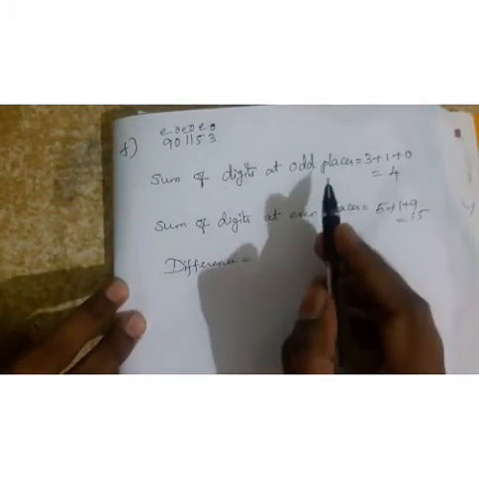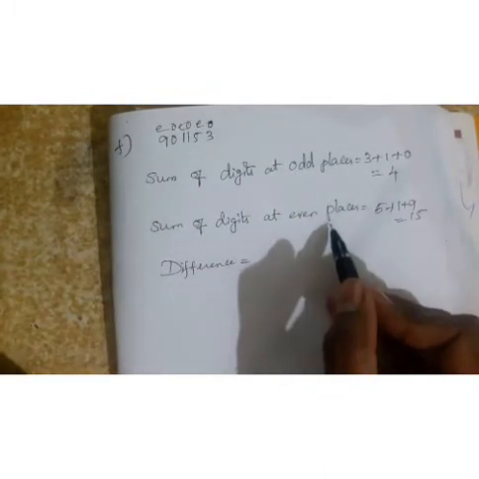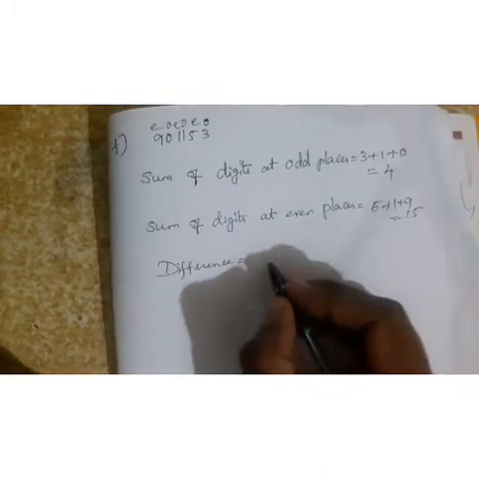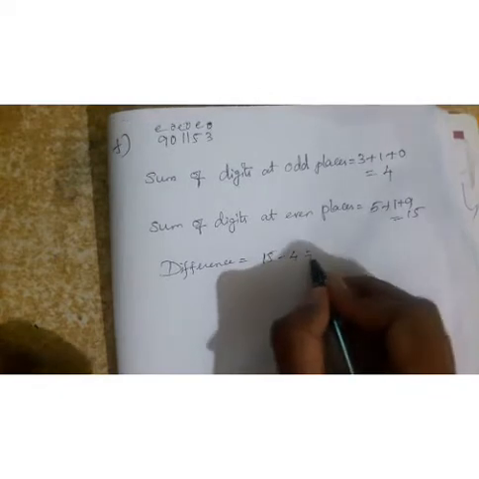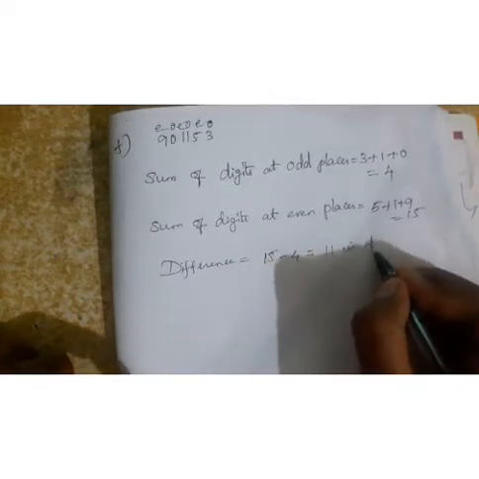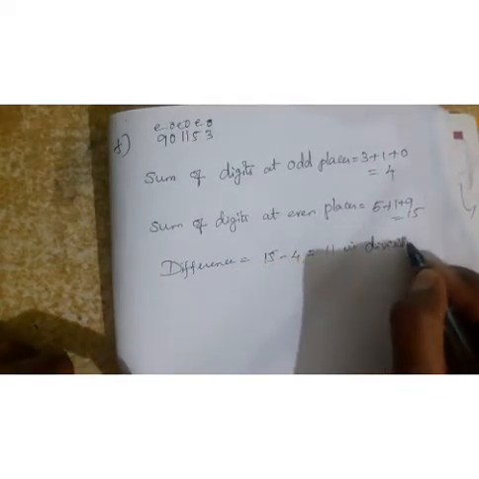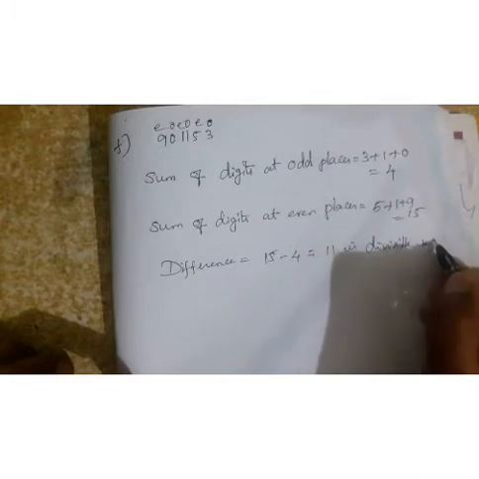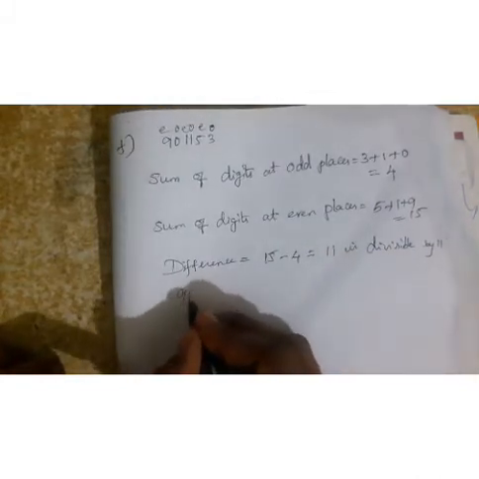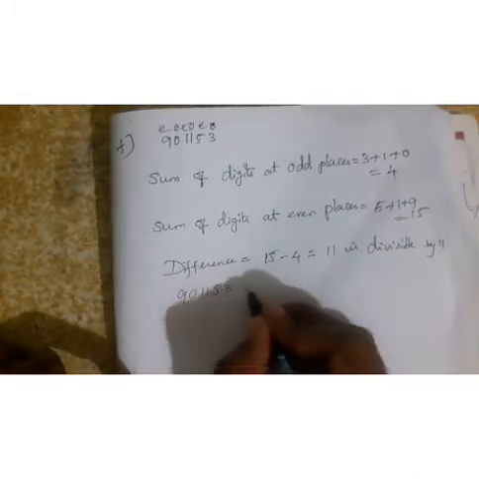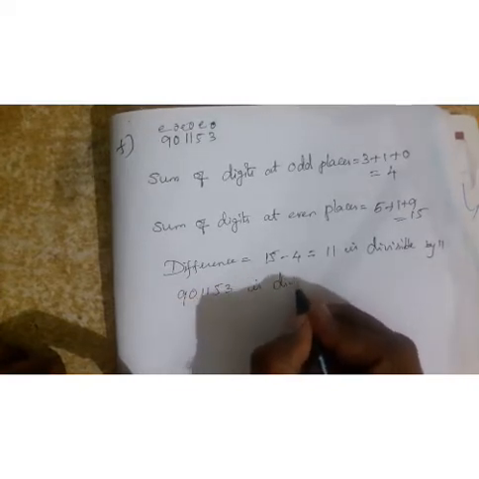Now find the difference between sum of digits at odd place and sum of digits at even places. So 15 minus 4 equal to 11. 11 is divisible by 11. Hence 901153 is divisible by 11.